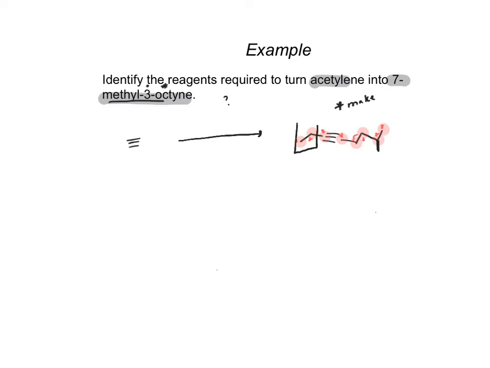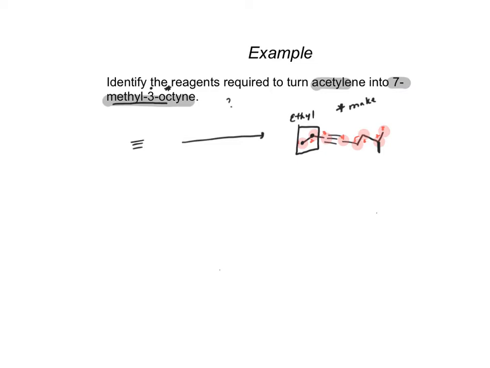So over here, the only thing we have to attach to this triple bond is a 2 carbon chain, right? So 2 carbon chain is an ethyl. So that's what I need to attach over here. On this side, we've got a little bit bigger of a molecule. We've got a 1, 2, 3, 4, 5.